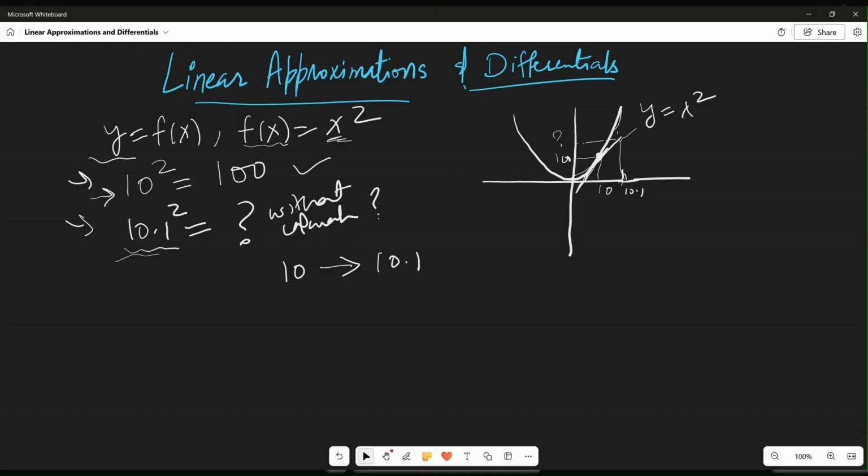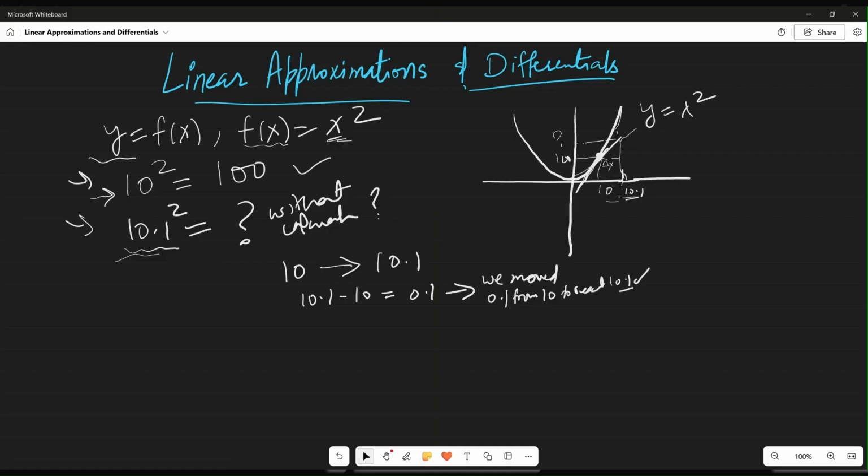We already know the distance between these two, delta x, the difference here is 10.1 minus 10, which is 0.1, correct? So we moved 0.1 from 10 to reach here at 10.1.